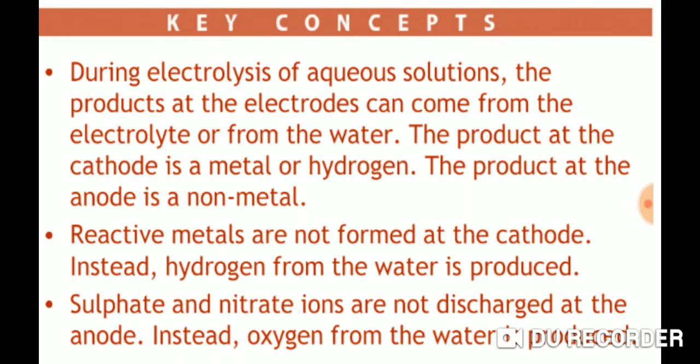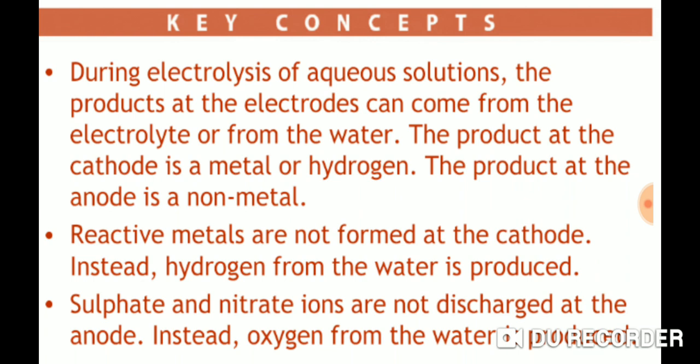Now, key concept, that means the revision. During electrolysis of an aqueous solution, the product or products at the electrodes can come from the electrolyte or from the water. The product at the cathode is a metal or hydrogen. The product at the anode is always a non-metal. Cathode always gives metal and at anode we always get non-metal.